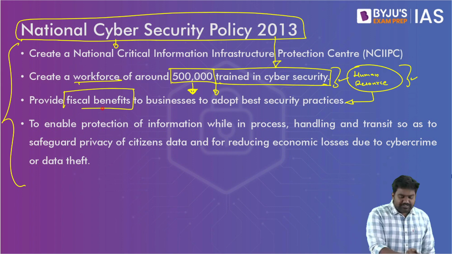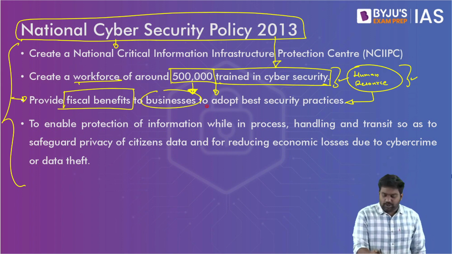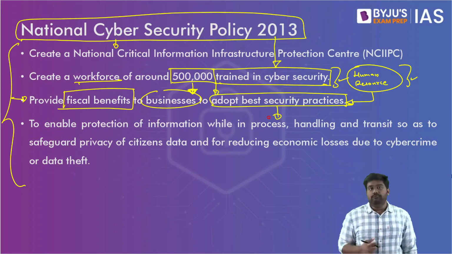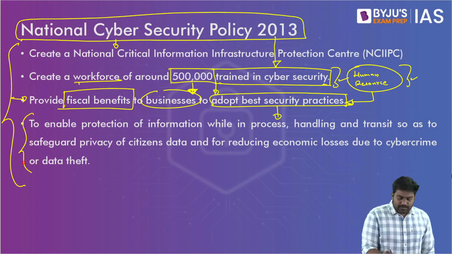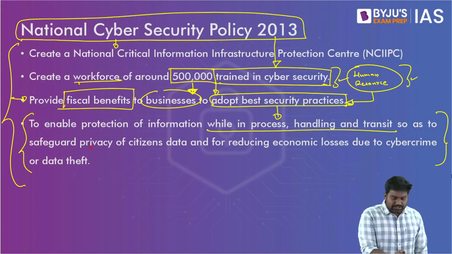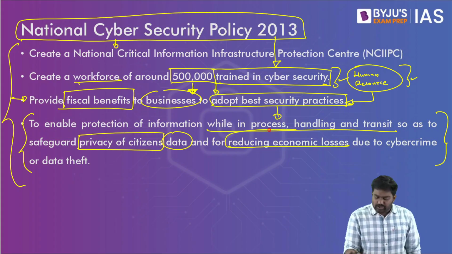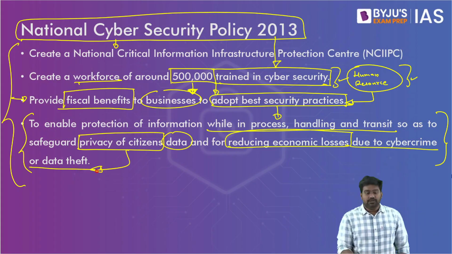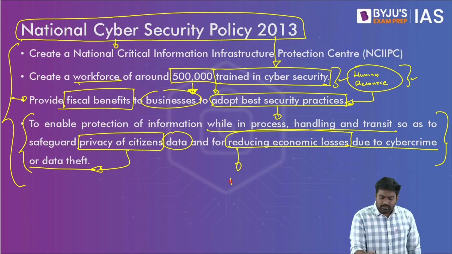It suggests that fiscal incentives should be given to companies that adopt the best safety and security measures to encourage them to follow the best standards. It also highlights the importance of protecting the privacy of citizens' data and reducing economic losses that occur because of cyber crimes and data theft. It basically gave a push for a data protection law.